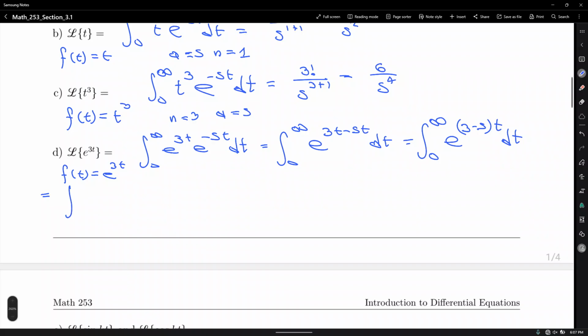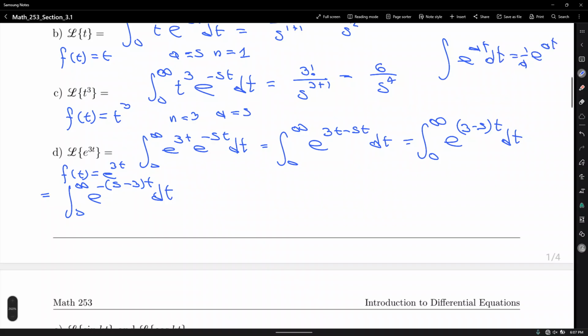That is the integral from 0 to infinity of e to the negative (s minus 3)t dt. Well, we're just integrating an exponential of the form: the integral of e to the at dt equals 1 over a times e to the at plus c.